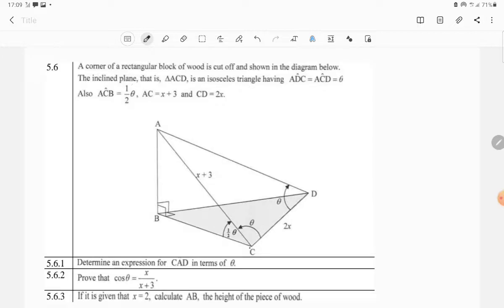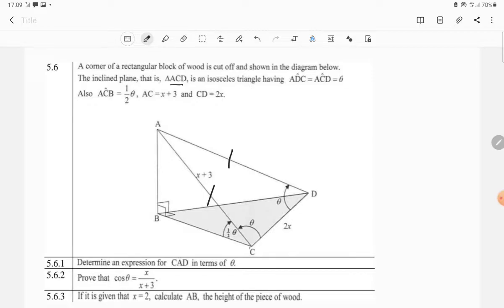The inclined plane, that is triangle ACD, is an isosceles triangle having angle ADC equal to angle ACD. They are both equal to theta, which means this side is equal to that one.